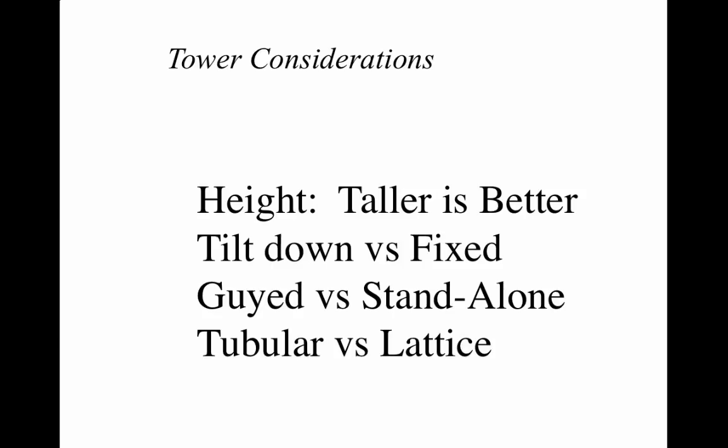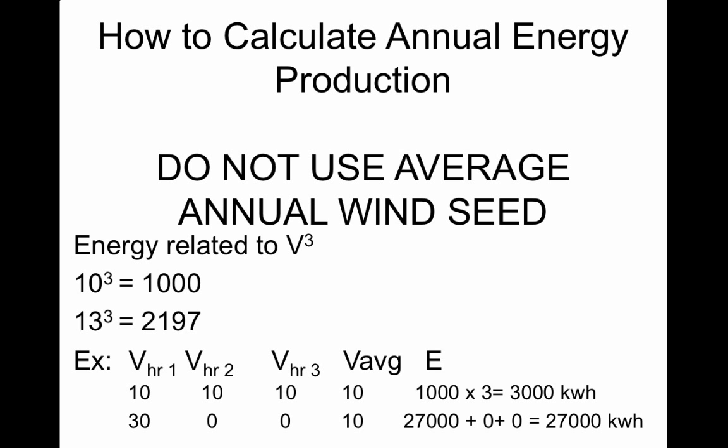And there are standalone towers that stand up on their own without the need for any cables. There are tubular towers, which are like big pipes, and that's what most of the big wind turbines use these days. And then there are lattice towers, which are a number of smaller components put together in a kind of latticework. We saw one of those in one of the earlier slides.